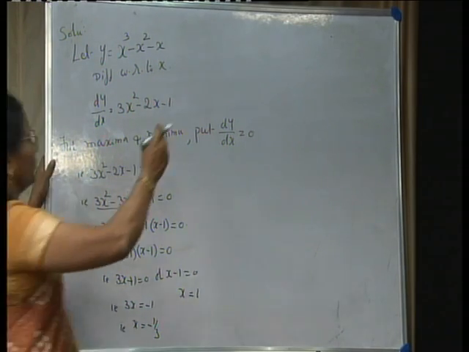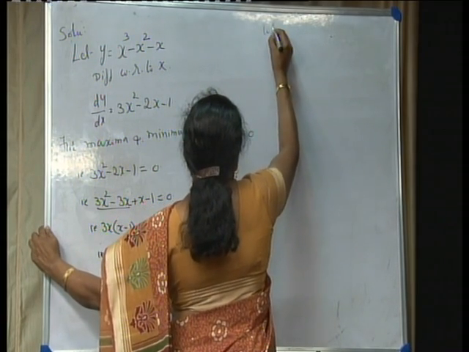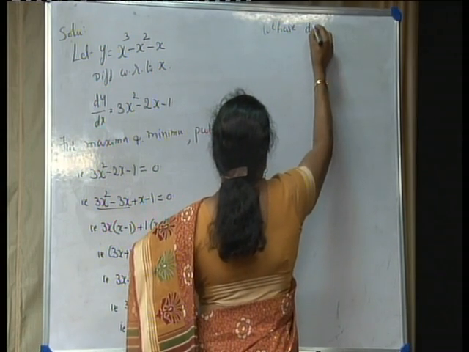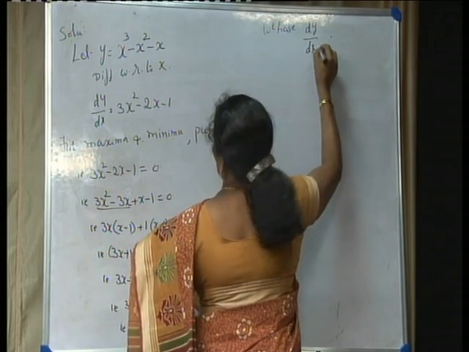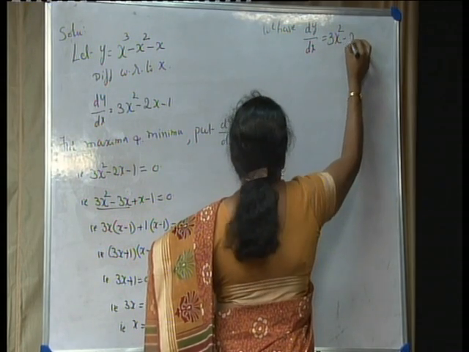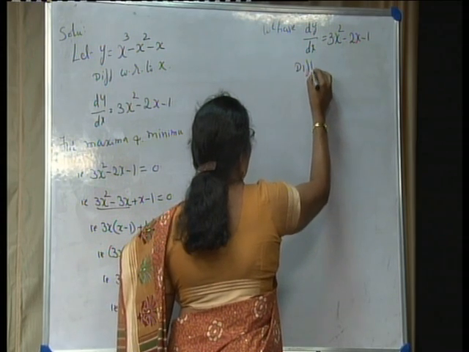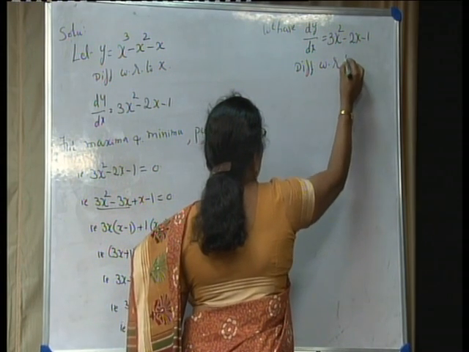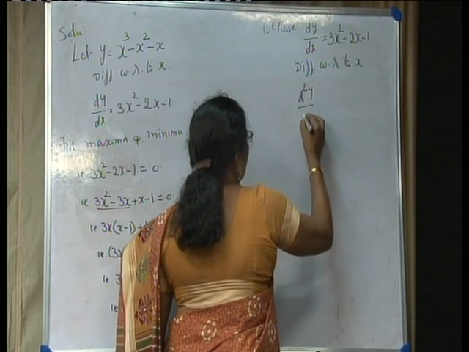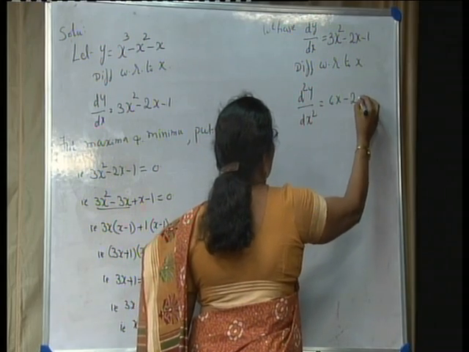Now, for the second step, dy by dx is equal to 3x squared minus 2x minus 1. Differentiate with respect to x, d squared y by dx squared is 6x minus 2.